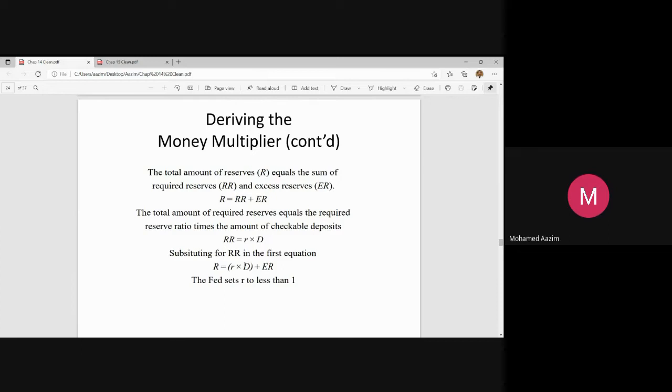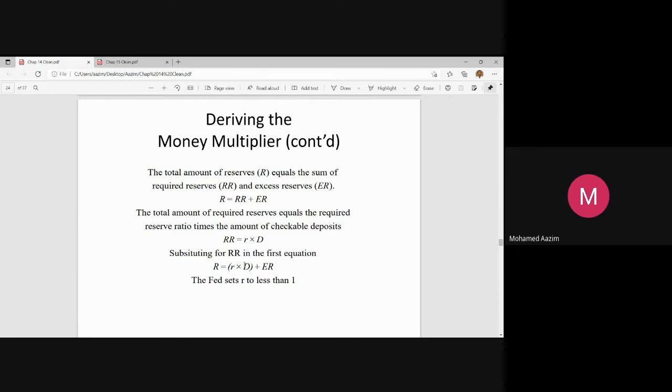Okay, so now you know you have defined the total reserves as required reserves plus excess reserves, and then you define required reserves as required reserve ratio times deposits, and replace that required reserves in the total reserve equation with that expanded equation.